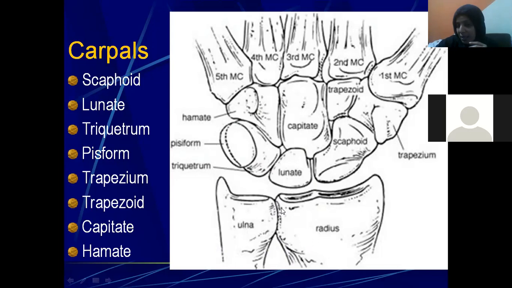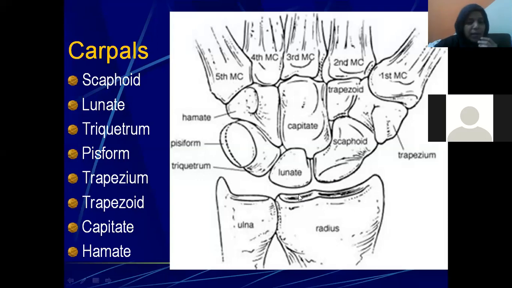Towards the medial side, we have the ulnar notch in the radius. This is the inferior surface. I told you the inferior surface of the radius articulates with 2 bones. Just try to remember this code, SL, that is scaphoid and lunate. It articulates here. These are the bones actually participating in the formation of the wrist joint.